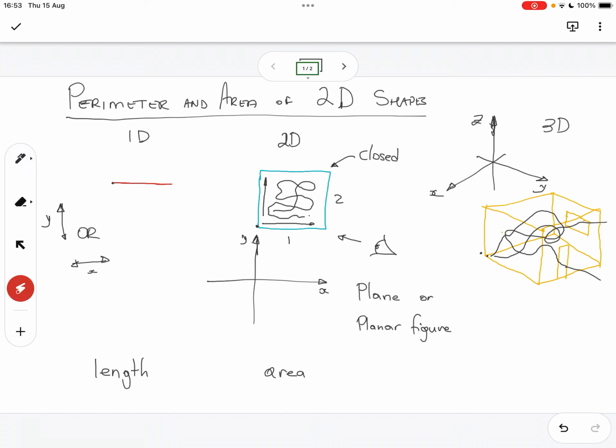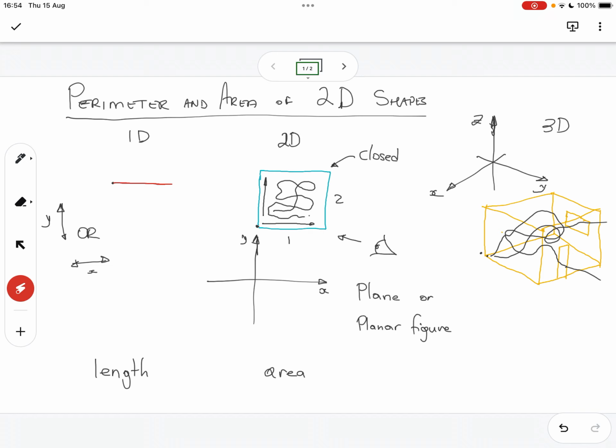Okay, so it's a closed shape because if we imagine our dot inside the shape, the dot will not be able to go outside of the boundary. Unless the door is open, we can't go outside of the floor space or the room space. So it's a closed space. That's what is meant there.